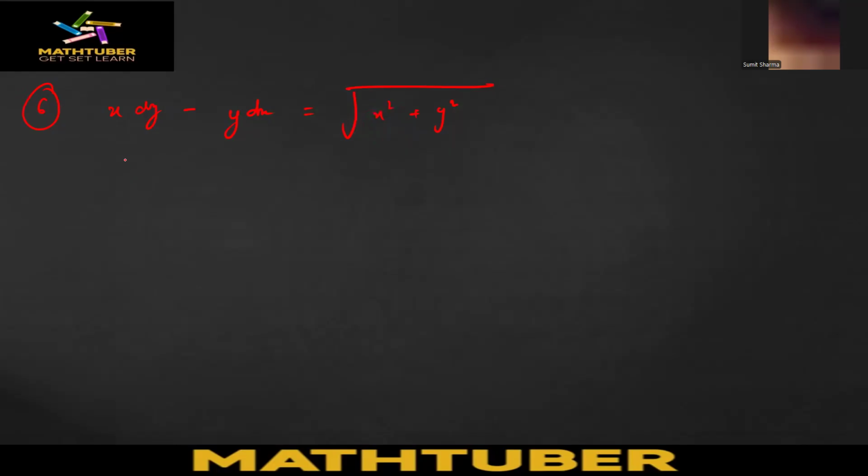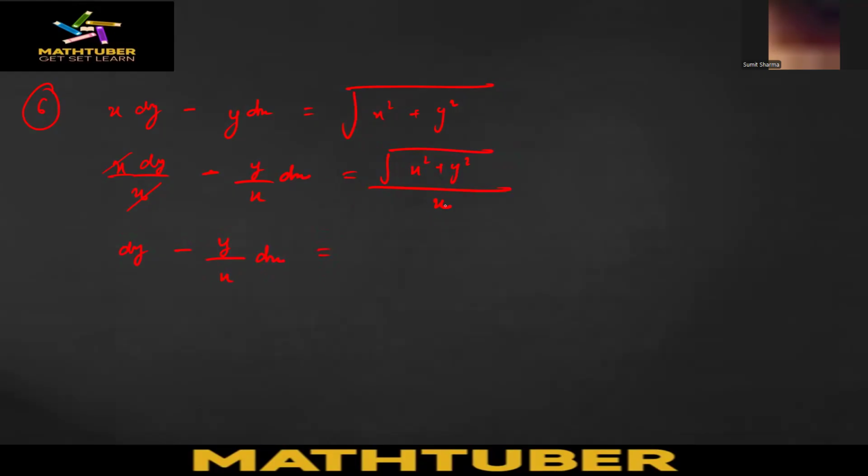So we will have to first divide all the equations by x. So this will become x dy upon x, so x will get cancelled. Minus y upon x dx, under root of x square plus y square upon x. Dy minus y upon x dx is equal to.